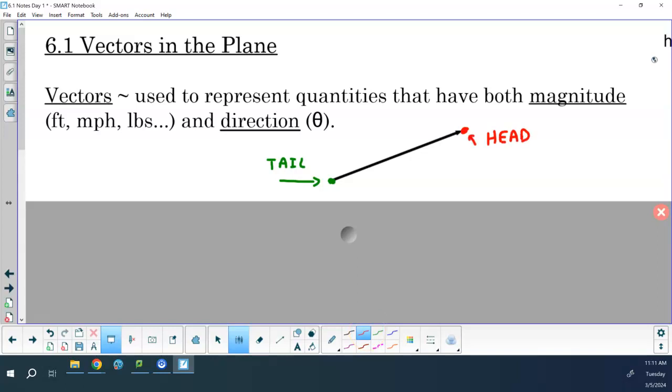If you just give me a segment, I don't know which way your vector is going. Two different vectors that go in opposite directions have different components.